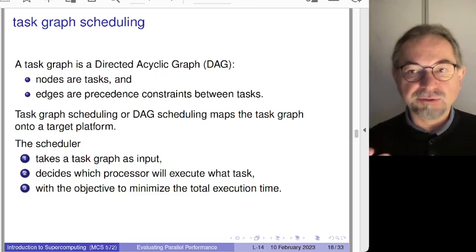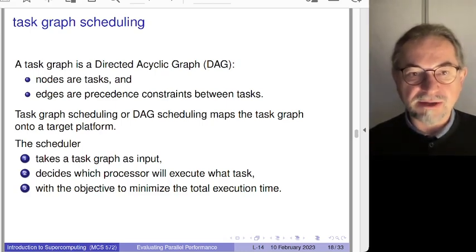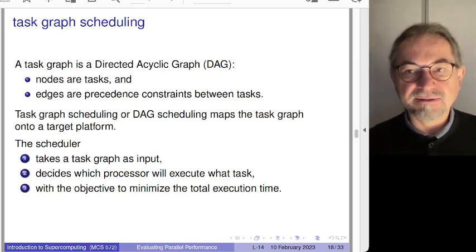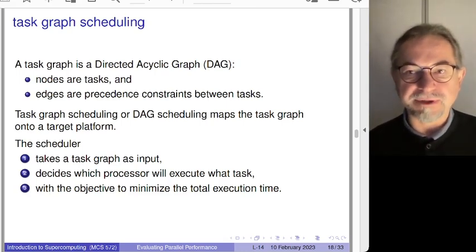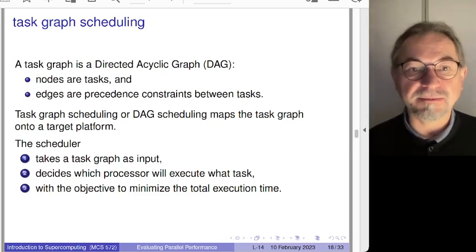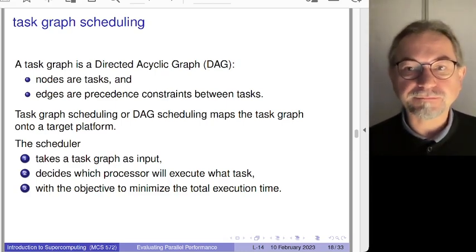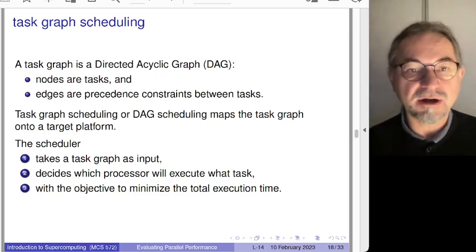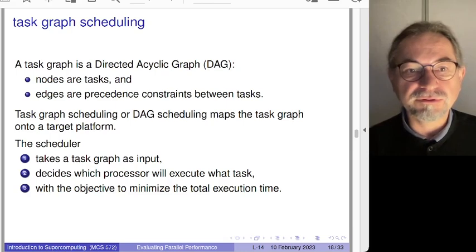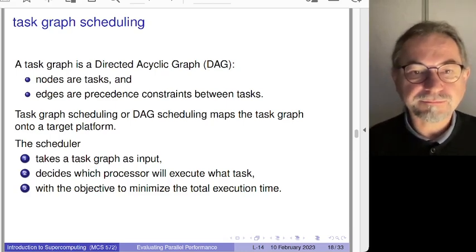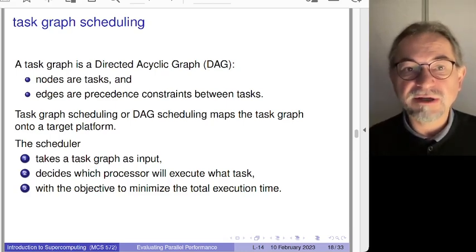Here you could define a parallel algorithm by adding the dependency conditions from the Bernstein conditions, or, when you think of OpenMP, by adding the depend clauses. This can be done at quite a high level, giving the task graph to the scheduler. That will then decide how to map the tasks onto the threads.